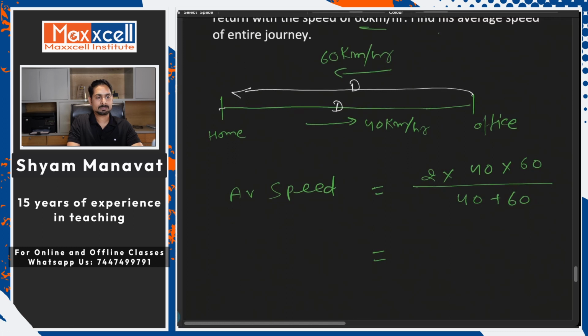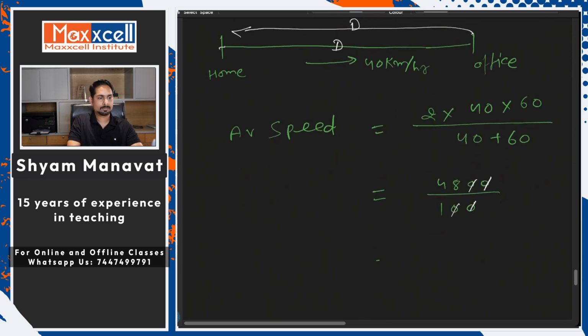Simplify. I have 4800 by 100. If I cancel zeros, I get 48 kilometers per hour.